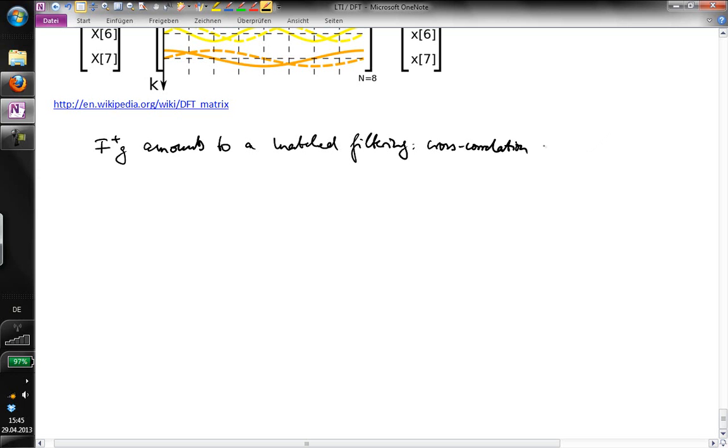It is a cross correlation of our input signal with the number of pure frequency complex oscillations.